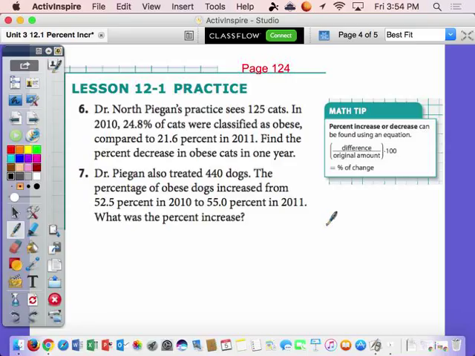What's the difference? What is that difference if I subtract them? 3 and 2/10, and I'm going to put a little arrow that way y'all know, over, what was the original percent of obese cats? 24 and 8/10 equals x over 100.